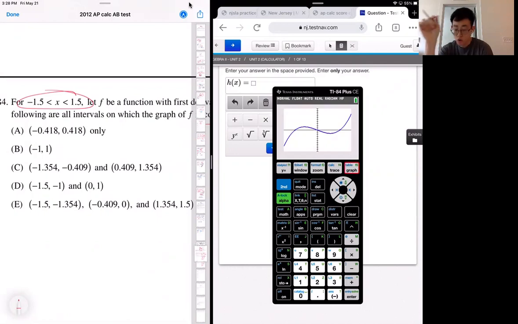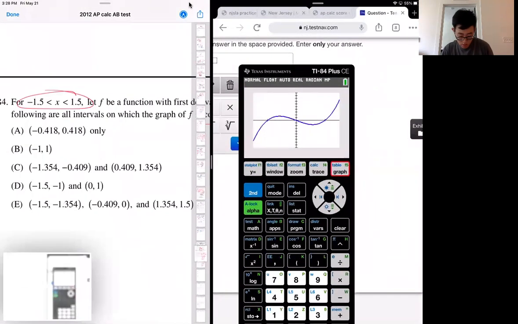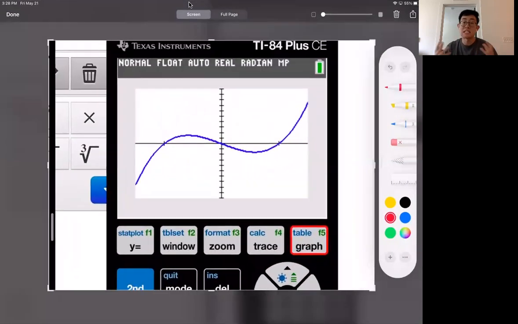All you really need to look for is: where is this negative? That's the question. This part right here, I can see that's negative on this graph, and this part also is negative on that graph. This here is at -1, and this here is at +1.